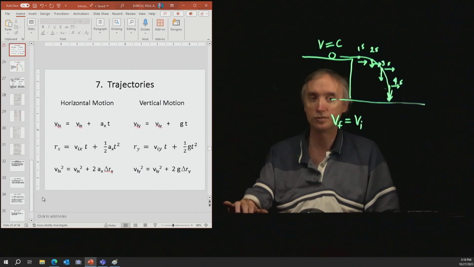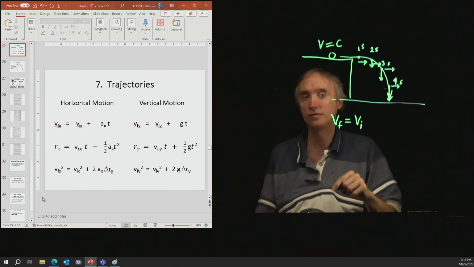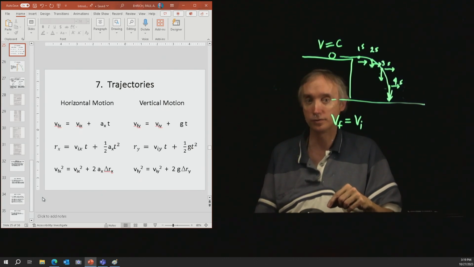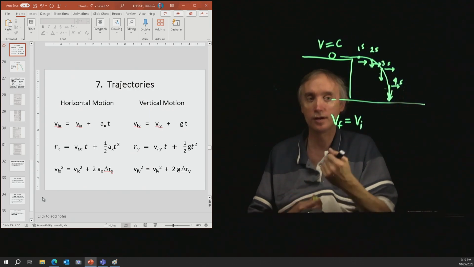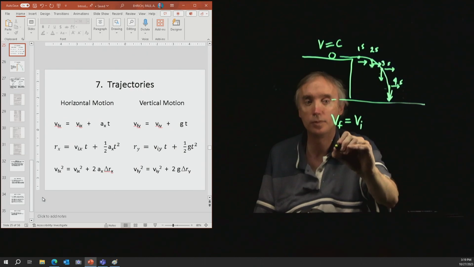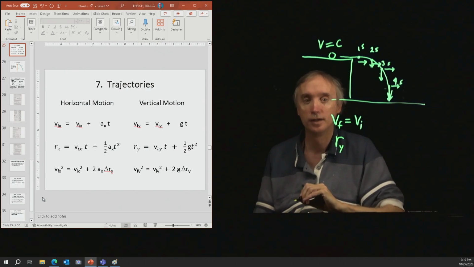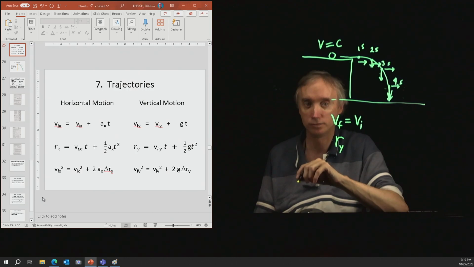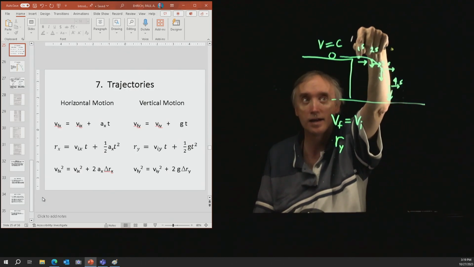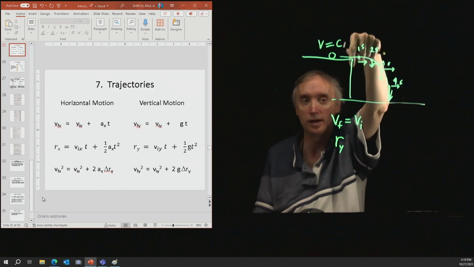So if we go back to our formulas, let's look at the how far equation going up and down. And so that equation is just going to end up being the distance that it drops, so that's going to be r sub y. Now, what's its initial speed? 0, because it hasn't started to fall yet.